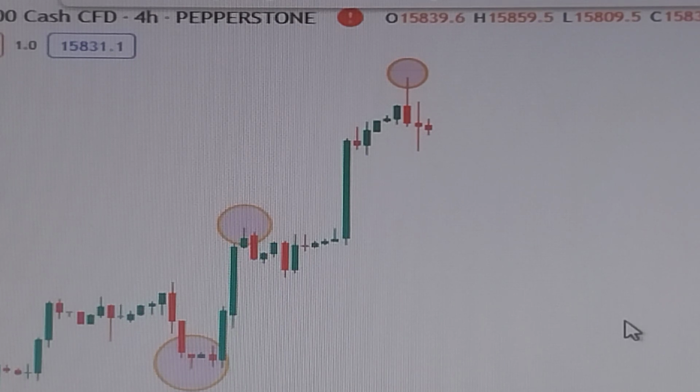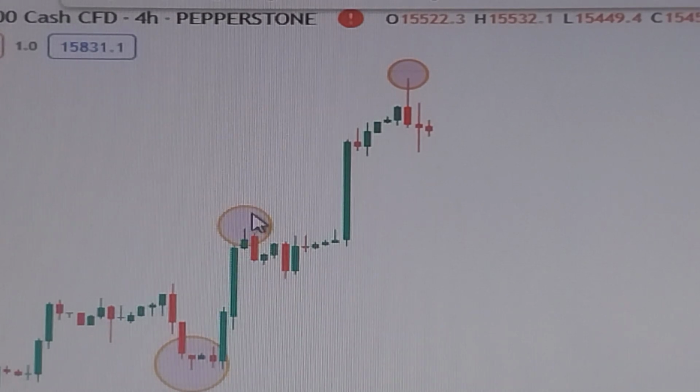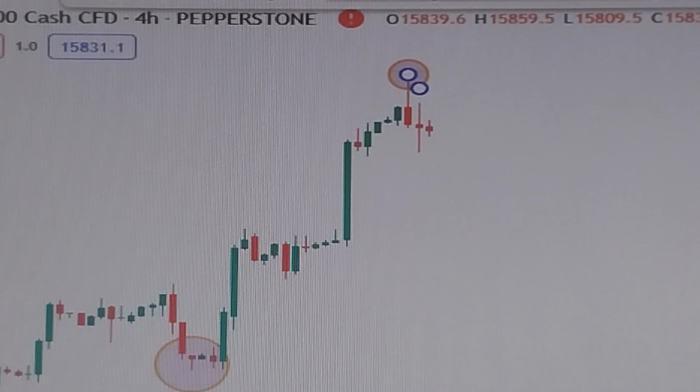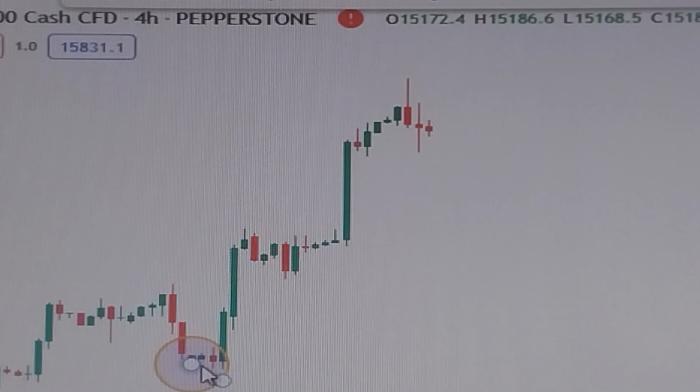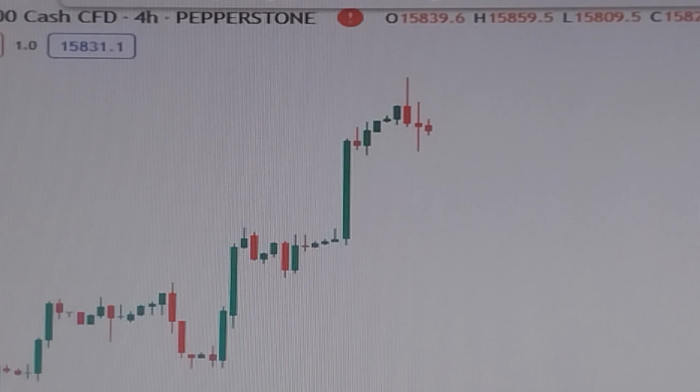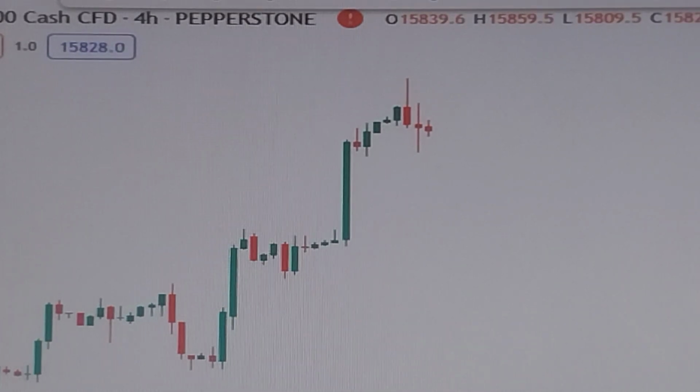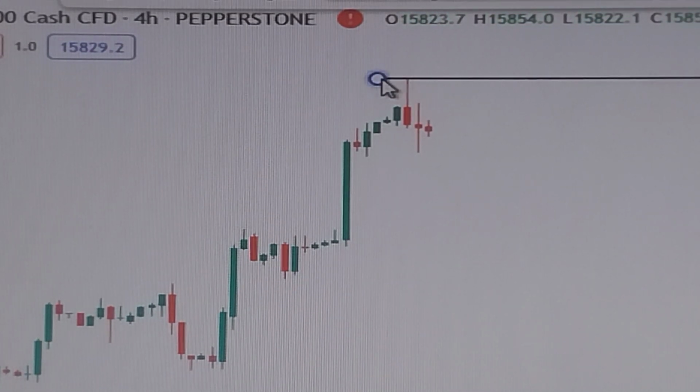Let's look at our higher time frames. This is our 4-hour time frame that we are analyzing today. On the 4-hour time frame, our price gave us a high.